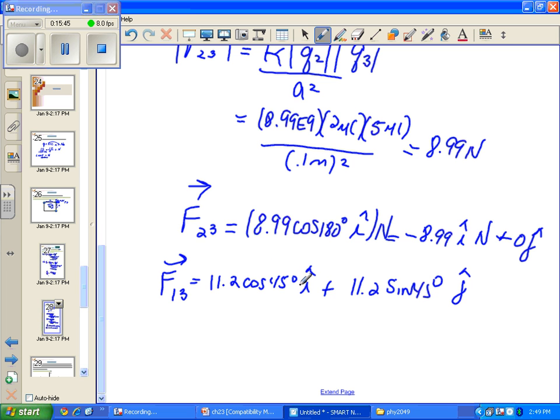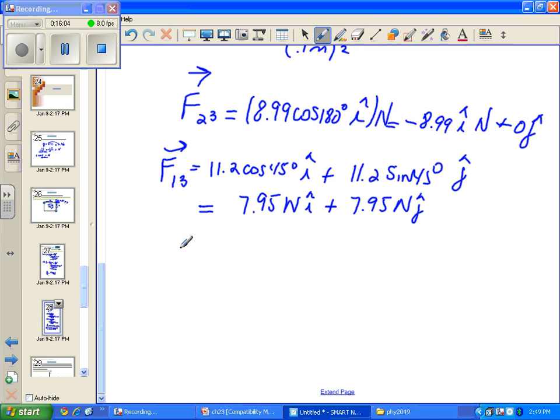Now, of course, cosine and sine of 45 are the same, so these will numerically work out to be the same number, 7.95 in the i hat direction plus 7.95 in the j hat direction.